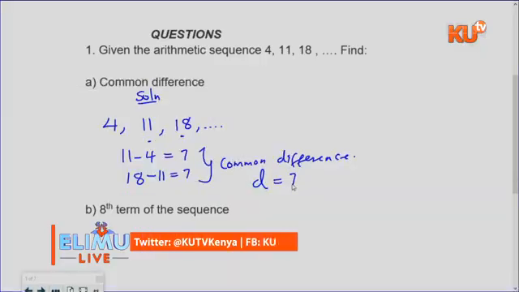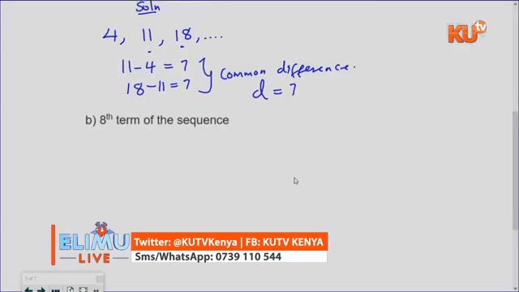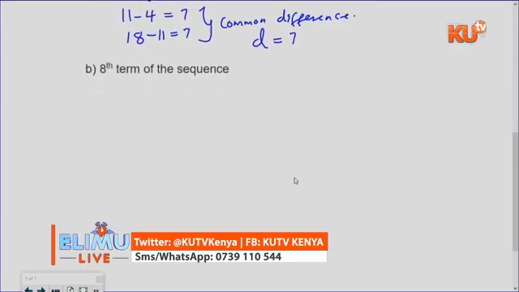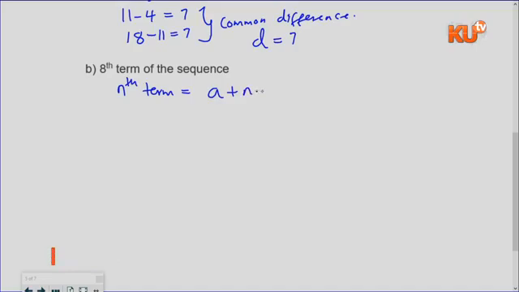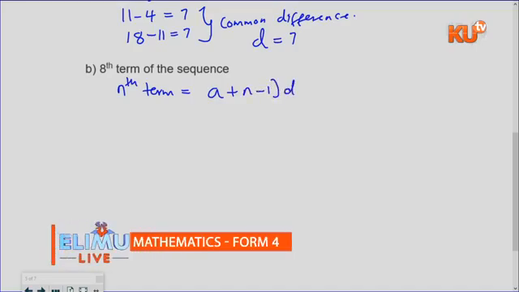So let's work it out using the formula. To get the 8th term, we need to remember that the nth term of any arithmetic sequence is given by A plus n minus 1 times the common difference D.